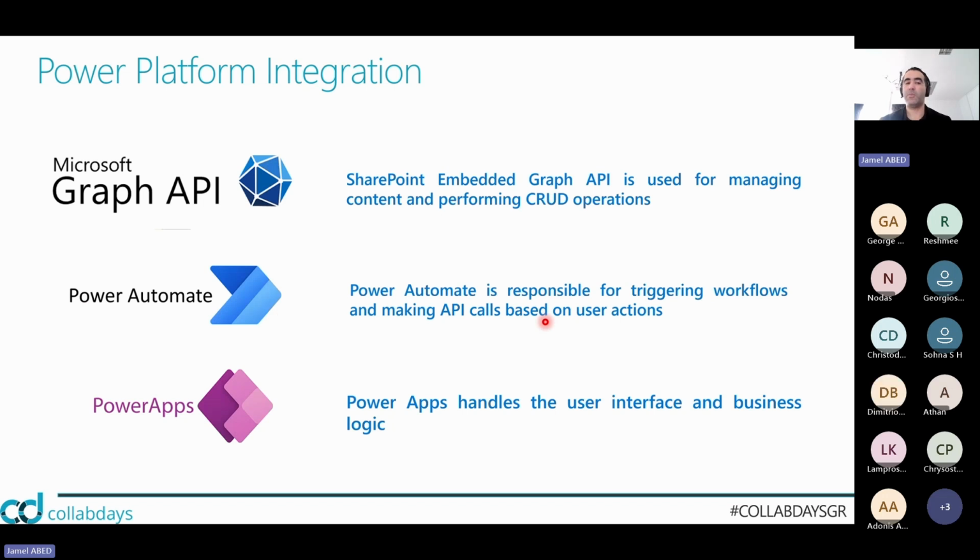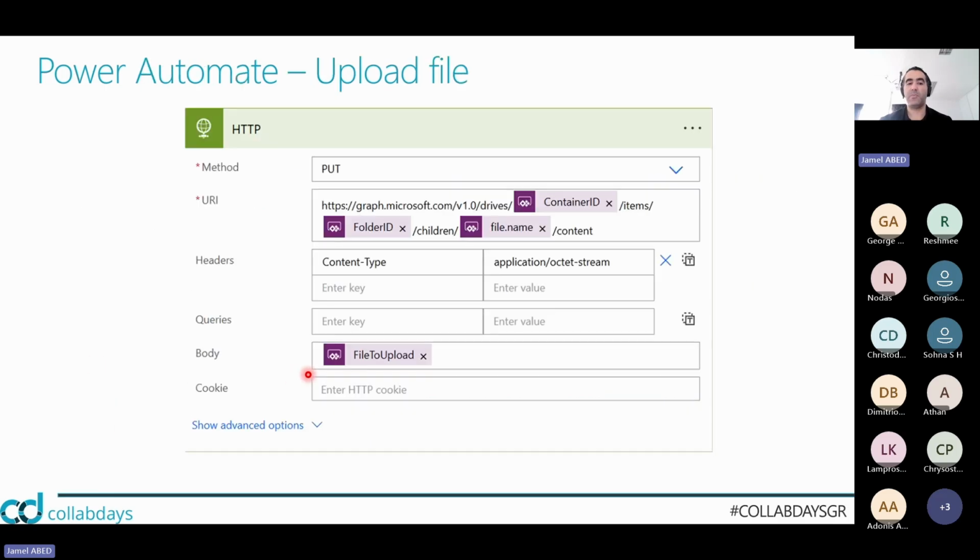To store your file in a SharePoint Embedded container, what do you need? You need Microsoft Graph API, you need Power Automate for the query, and you need Power Apps for the query. For example, here I want to upload a file inside a SharePoint Embedded container with Power Automate.